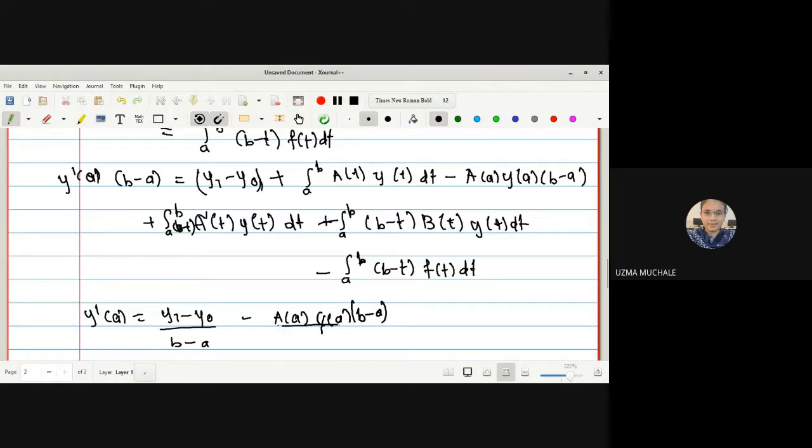Again here in the denominator we have b minus a, so these two terms we can cancel, right? What is the next term? Minus 1 upon b minus a. What is a term with minus sign? B minus t f of t dt.